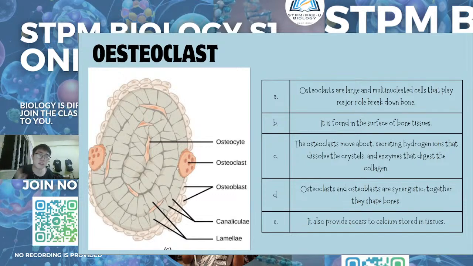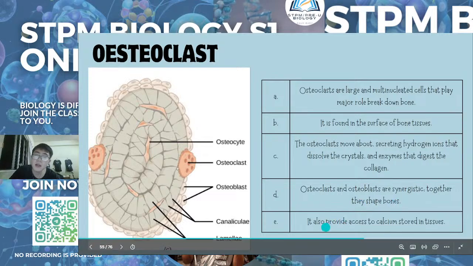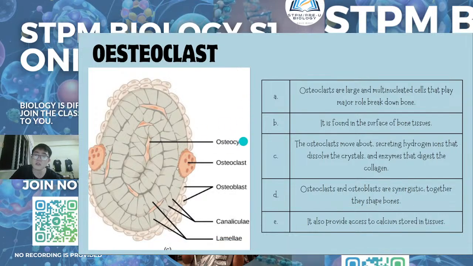So this osteoclast is the cell that hydrolyzes and digests all this collagen fiber. Normally the osteoclast and osteoblast work synergistically together, they shape bone, and they also provide the calcium stored in bone.